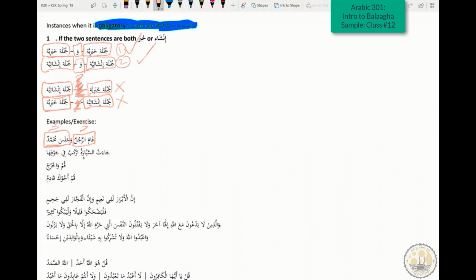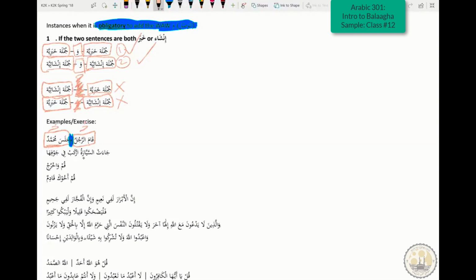So because the first sentence is khabariyya, and the second sentence is khabariyya, guess what? We have to add the waw here. You have to add it. Okay? The waw has to be added. If you don't put a waw there, then that's incorrect. If you just said قام الرجل جلس محمد, that is incorrect. Okay? You have to add the waw here. Both of them are khabariyya.